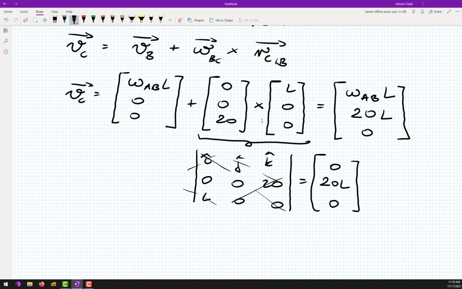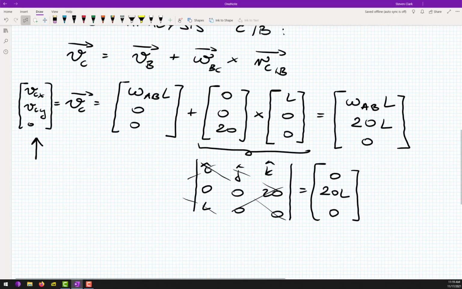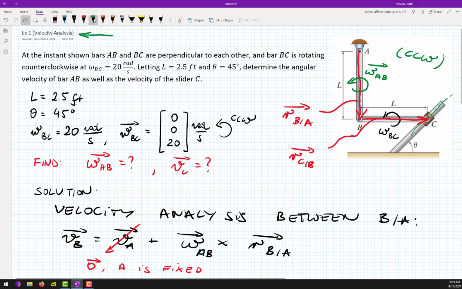So, in here we have V_Cx and V_Cy and 0, right? But I think we can tell something more about this vector, V_C. Okay, let me scroll up the board. Do you see, guys, that our point C can only move along this constraint?